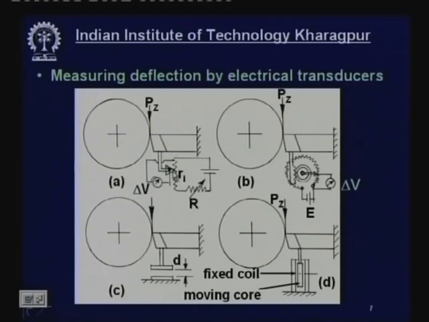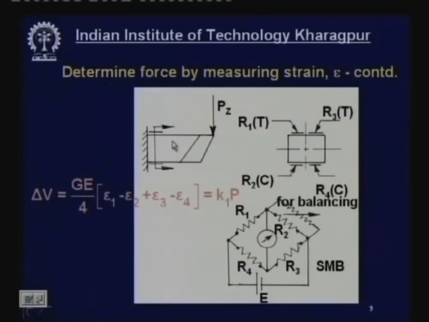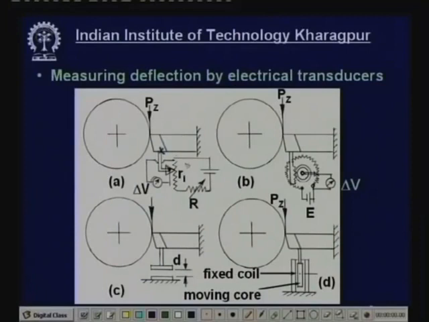This deflection will be transmitted. There is an L-type pointer which is fixed here. Now this pointer will move across the potentiometer here. Now this potentiometer is connected to a circuitry.